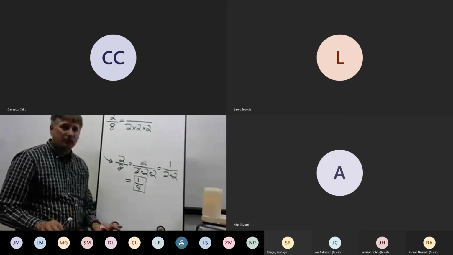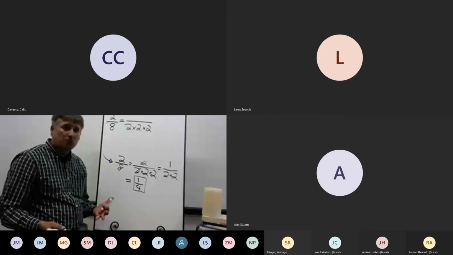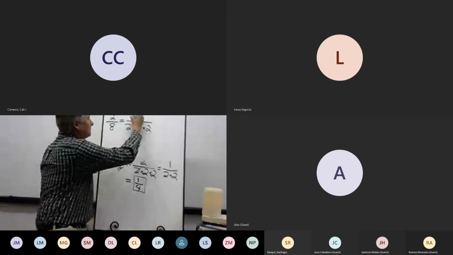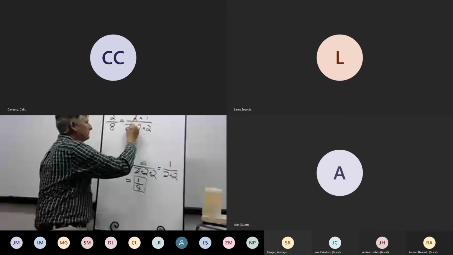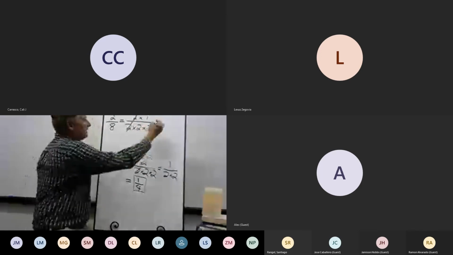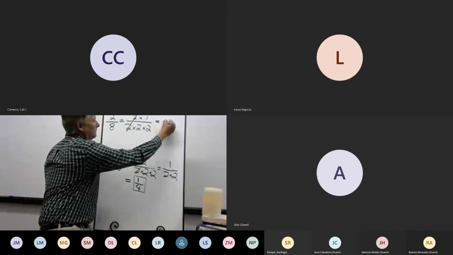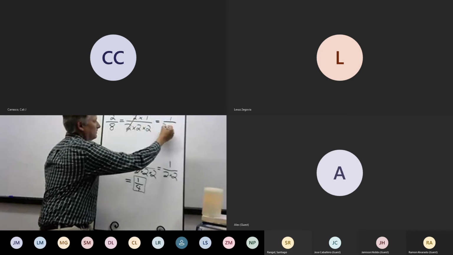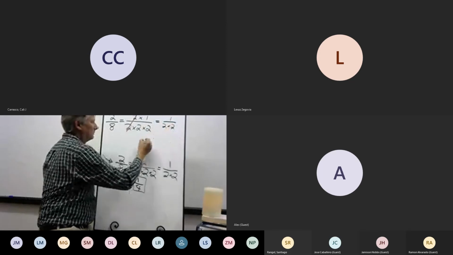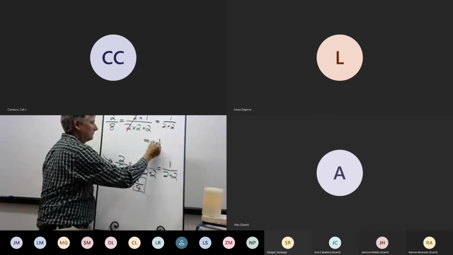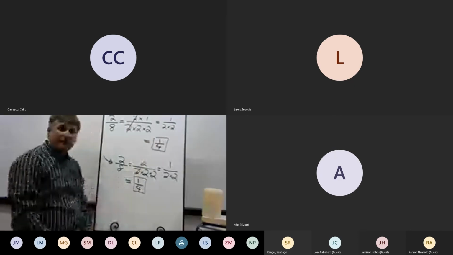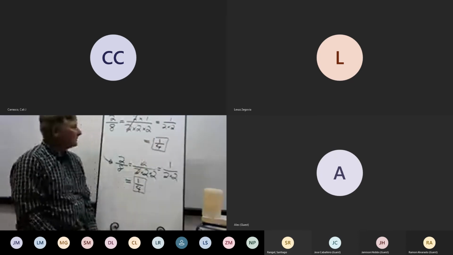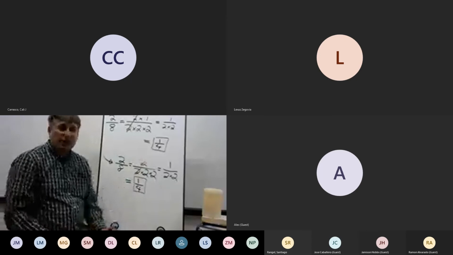Now again, we're leaving out decimals and fractions. So I can rewrite 2 as 2 times 1. And then I cancel my 2's. And that gives me 1/4. And so that's where that 1 comes from.